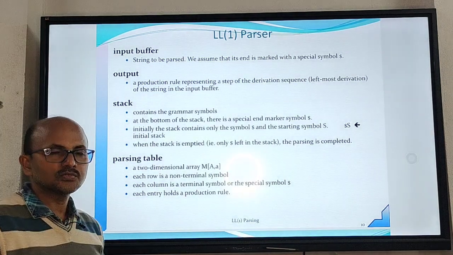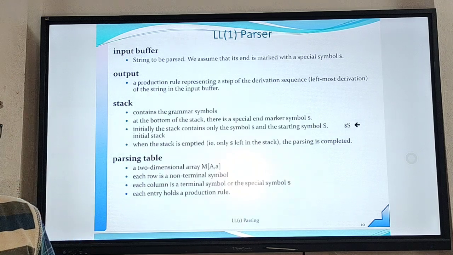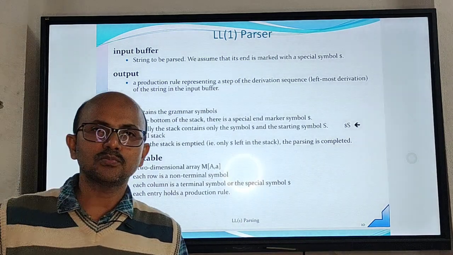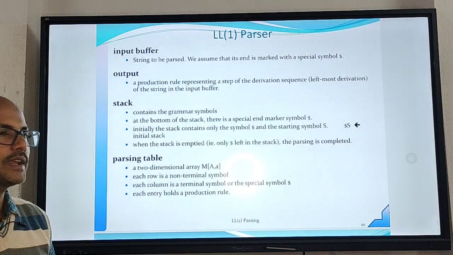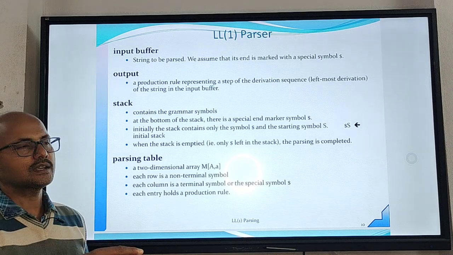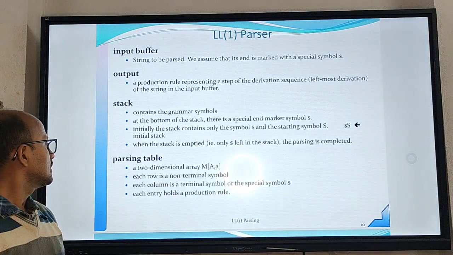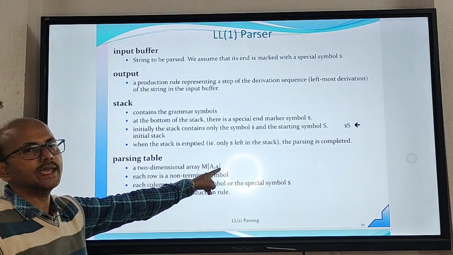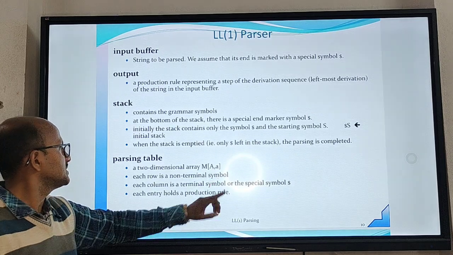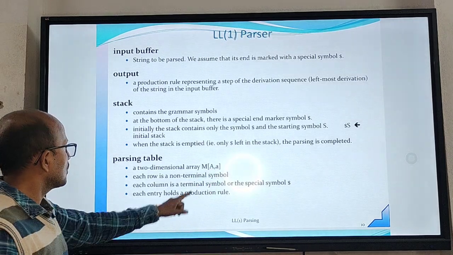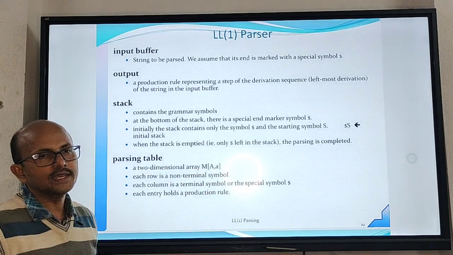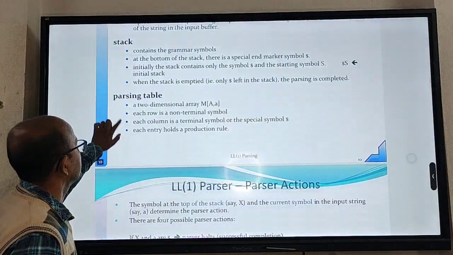The rows correspond to the non-terminals while the columns correspond to the terminal symbols. Given a non-terminal A and a terminal symbol a in the column, M[A, a] specifies the rule to be selected when one non-terminal and one terminal a is encountered.